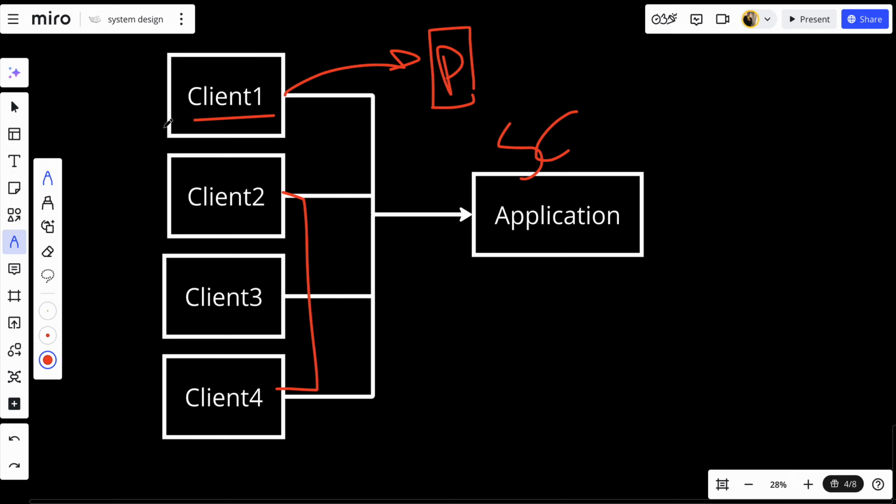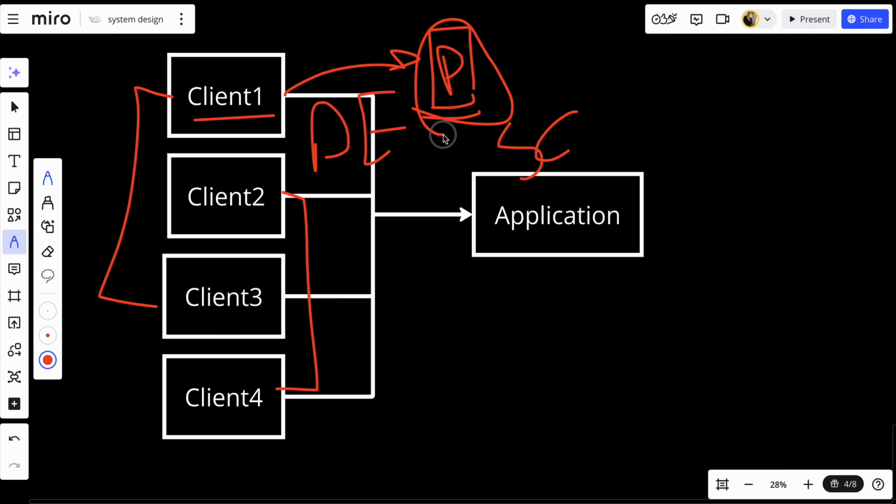So let's take the same example. Let's say client 1 updated a product called P. Maybe we have client 2 and client 3 and client 1, all of these three clients from Germany, so they are connected to a German data center. So they can read the exact same updated P or updated product.